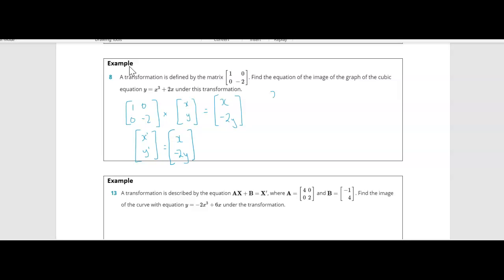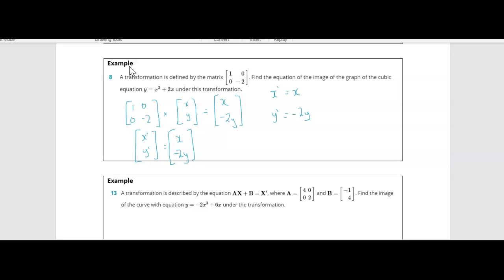So that means the image of x is equal to x, and then the image of y is equal to -2y. And this is similar to what we've done with the mapping. Remember, we get to this point. You can kind of think, well, it's just longer to do matrices, but you need to understand how they work.